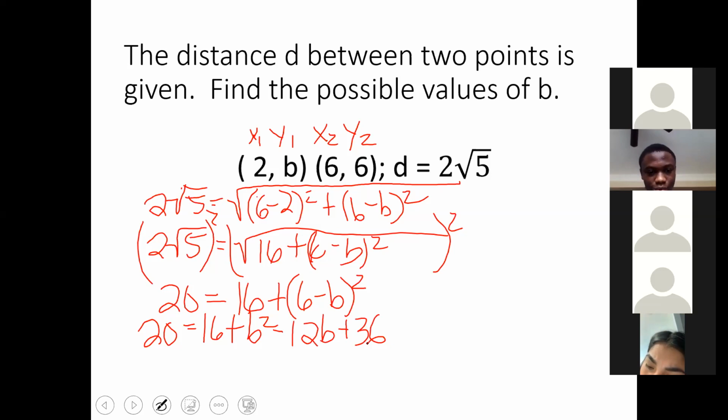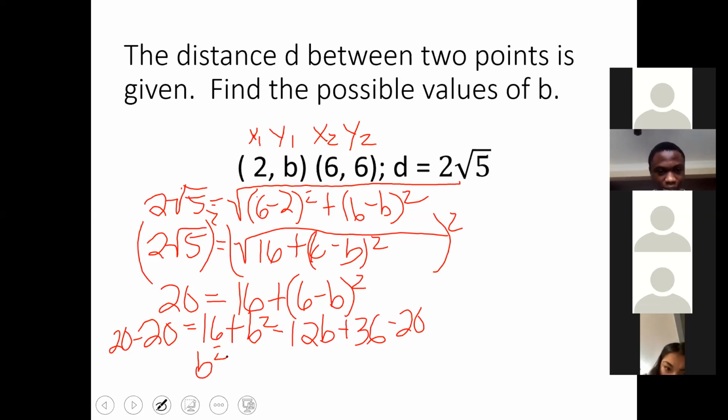Now we subtract 20 from both sides. 36 minus 20 is 16, plus 16 is 32. So I get b squared minus 12b plus 32.